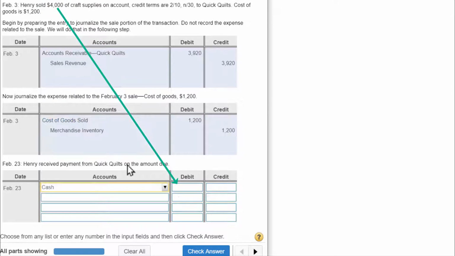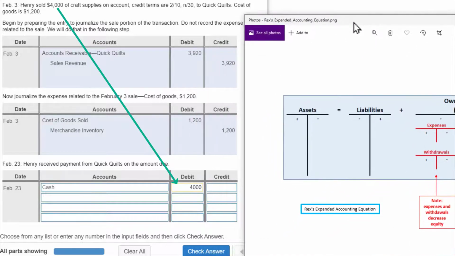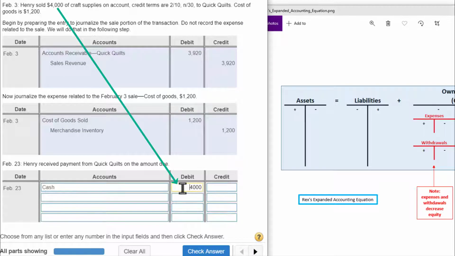So cash goes up, $4,000. Why am I debiting cash? Because cash is an asset and assets go up with a debit. All right. Now what happens to AR? Well, once they pay us off, even though they're paying us $4,000, we need to get rid of the full amount of AR.